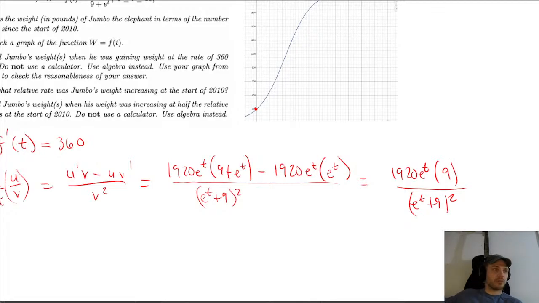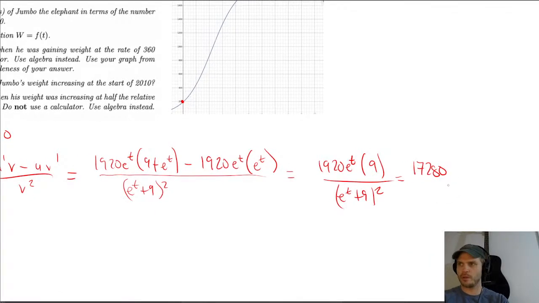Let me multiply this by 9 and see if that's right. Oh yeah, that's what I just did. That's what it is. Okay, so this is correct. And so this is 17280, 9 times 1920 e to the t over e to the t plus 9 squared. Okay, so this is our derivative.